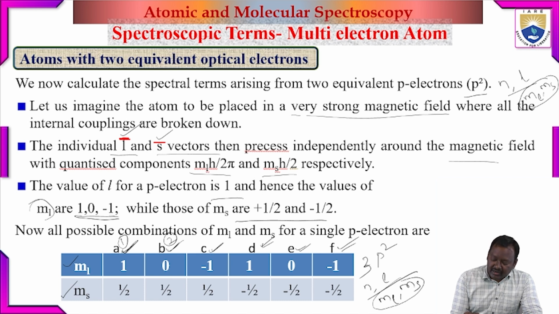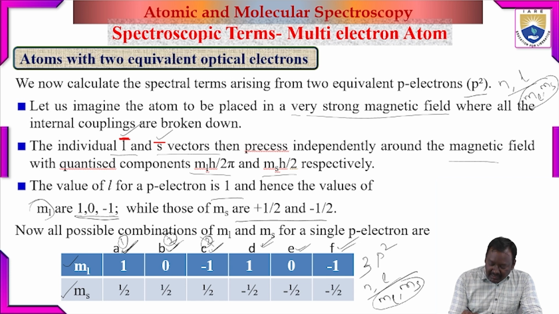Otherwise, the second electron may be in the C state. So AC is another combination in which the electrons can exist. That is also one state of the electrons.